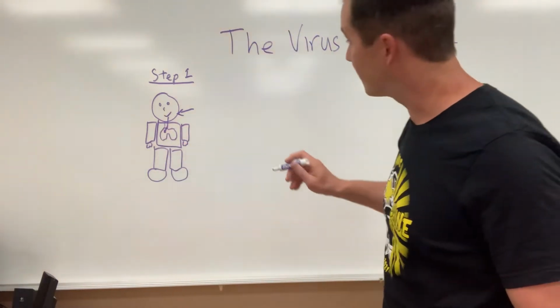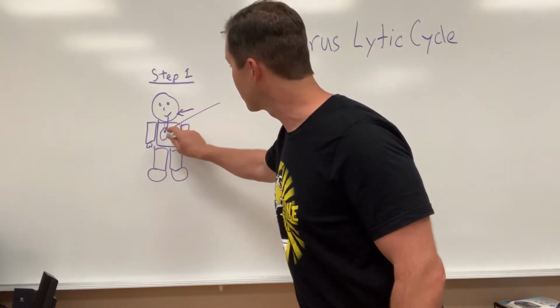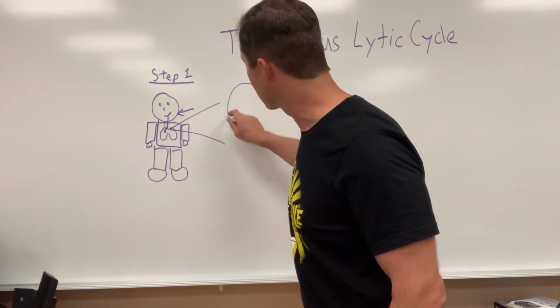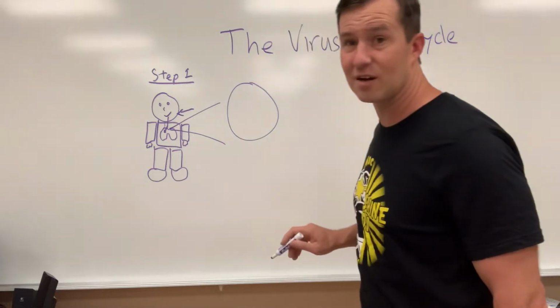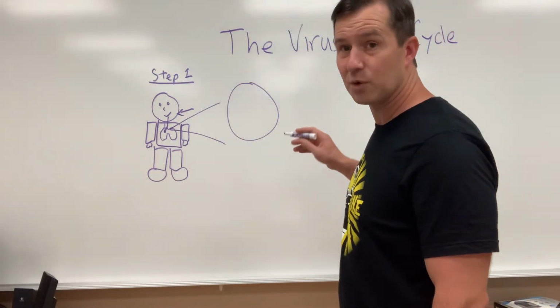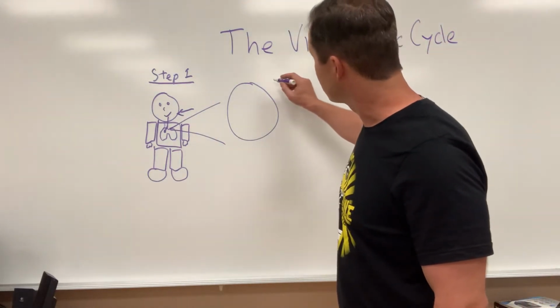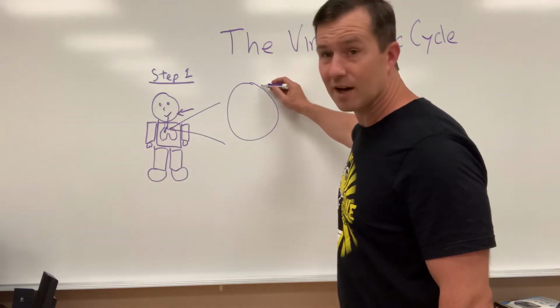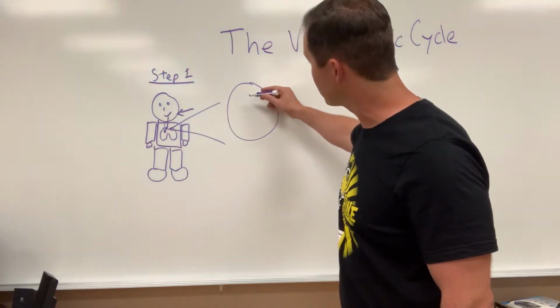And it's going to eventually go into a cell. Now, not all cells are round, but we tend to draw them like this. So there's a circular cell.